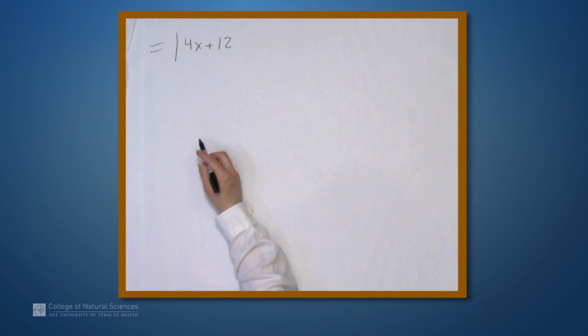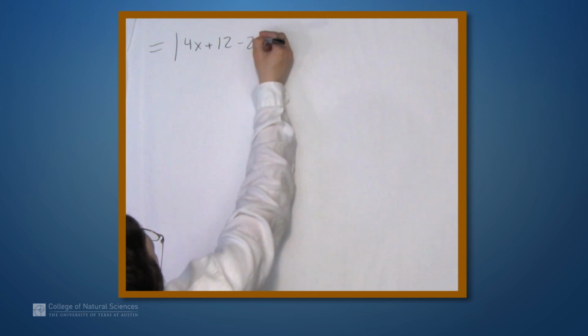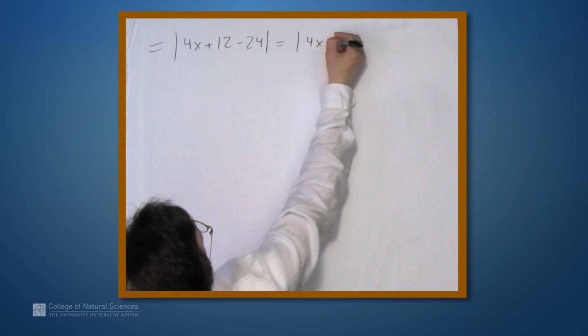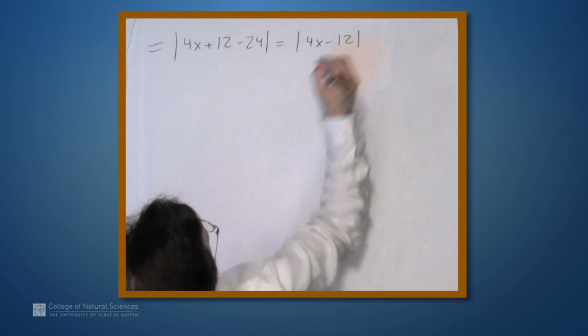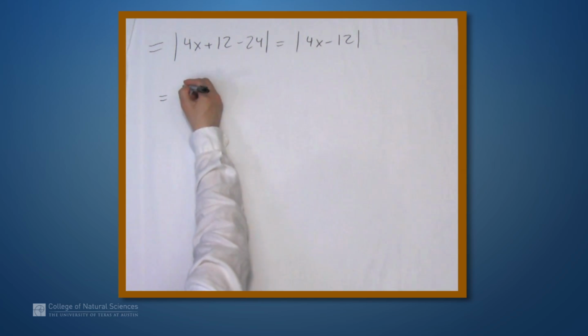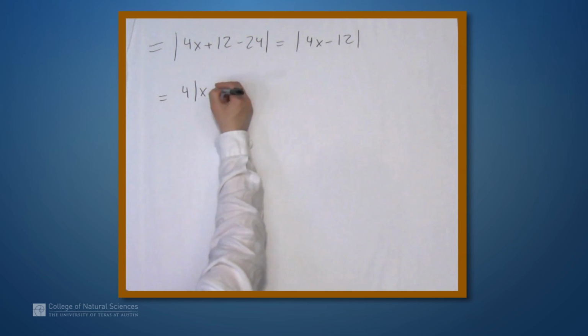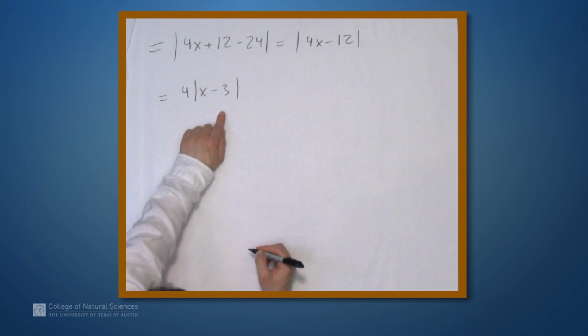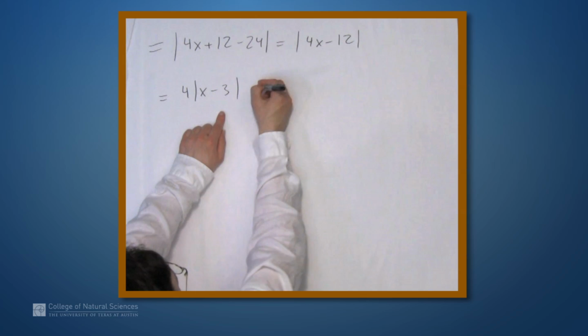We multiply 4 times x plus 3 minus 24, and this is 4x minus 12. So we can factor a 4 out, and we're left with 4 times the absolute value of x minus 3. And remember, this is the thing that we want to be less than epsilon.